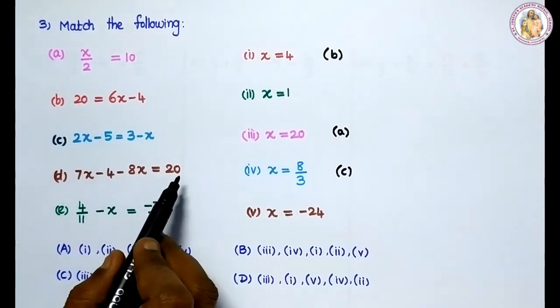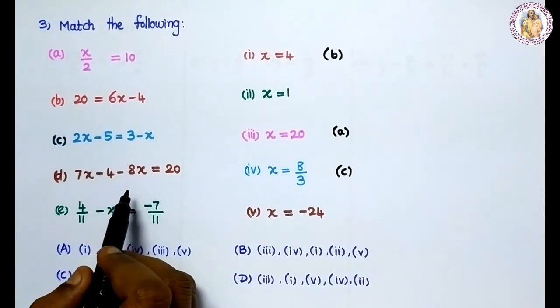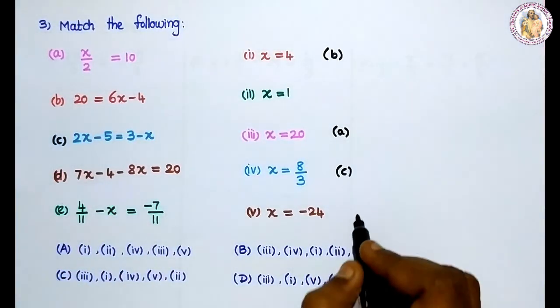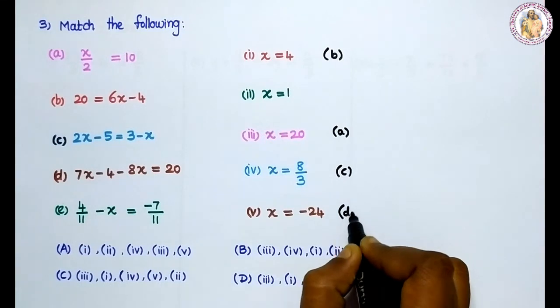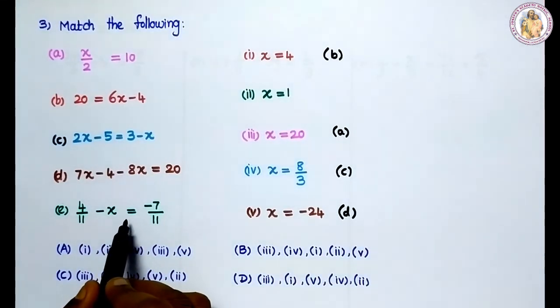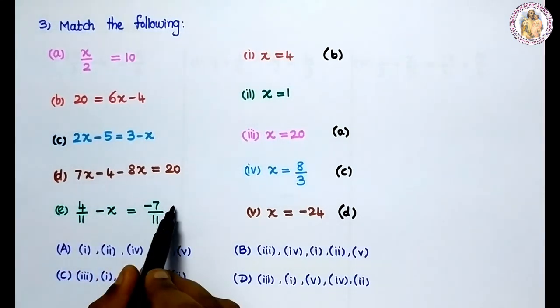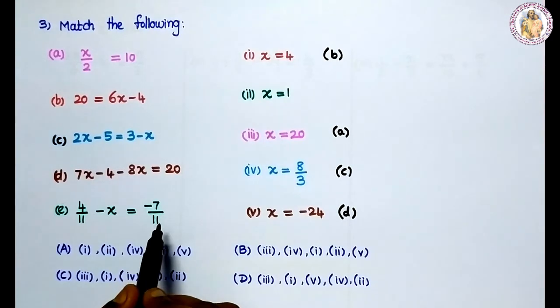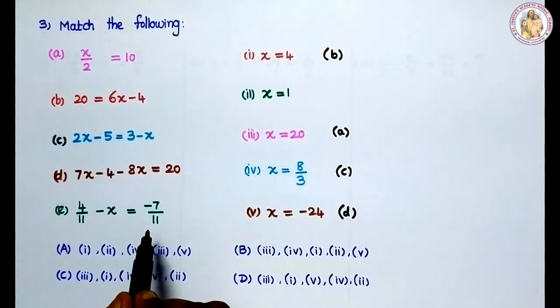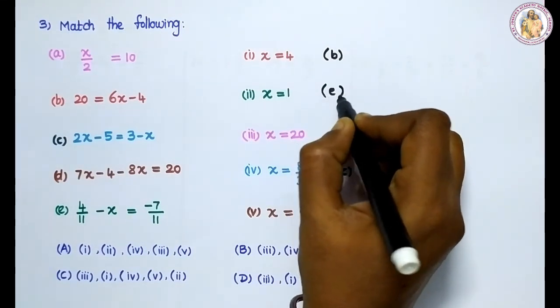Minus 4 becomes plus 4, so 24. x equal to minus 24. That is the D answer. Minus x equal to minus 7 by 11, here minus 4 by 11, so minus 11 by 11. Minus minus cancelled, we get 1. So it is the E answer.